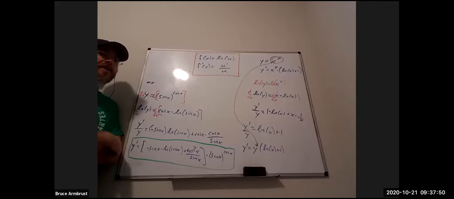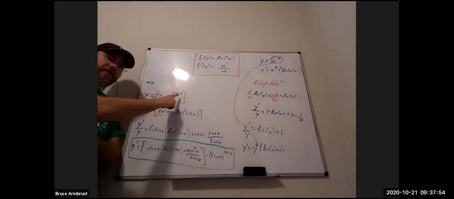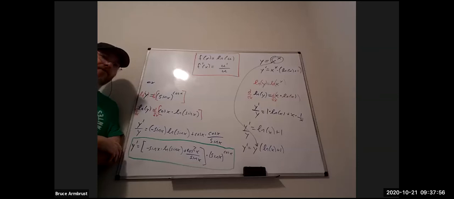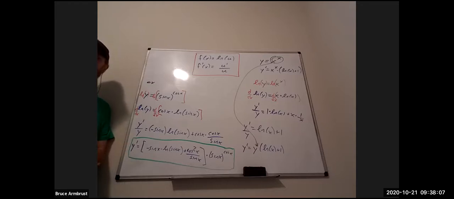All right, so if you ever have a function of x raised to another function of x, take a log of both sides and then differentiate. All right, so questions on this guy before I show you some other tricks with logs? No?